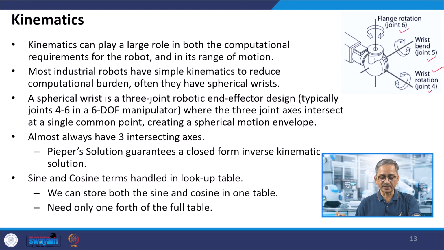Most industrial robots have these spherical wrists because their three axes intersect, and a spherical wrist is a three joint robotic end effector design where the three joints intersect at a single common point, creating a spherical motion envelope. Almost all industrial manipulators have three intersecting joint axes. It is the Pieper solution which guarantees the closed form inverse kinematic solution.